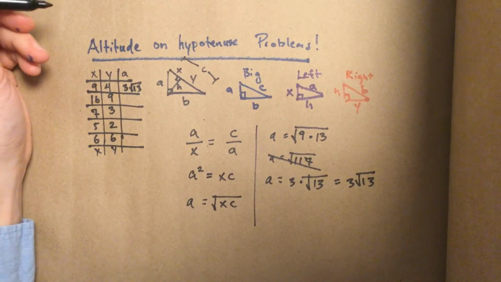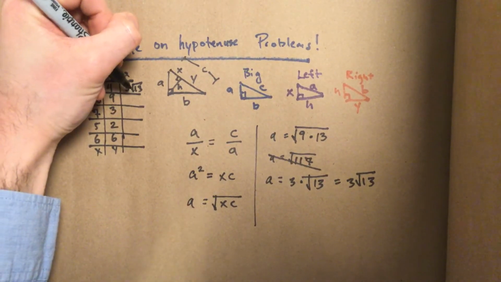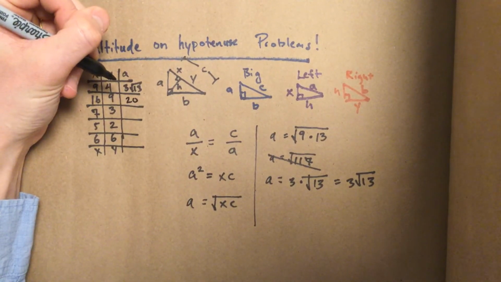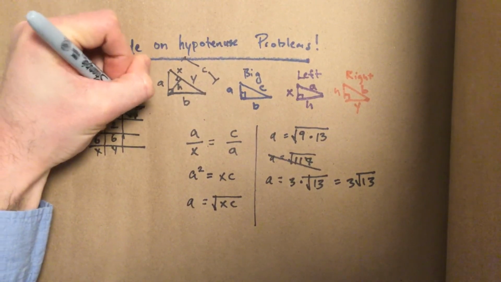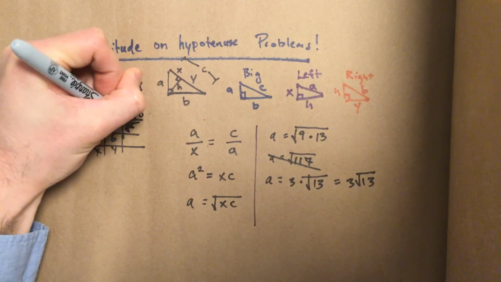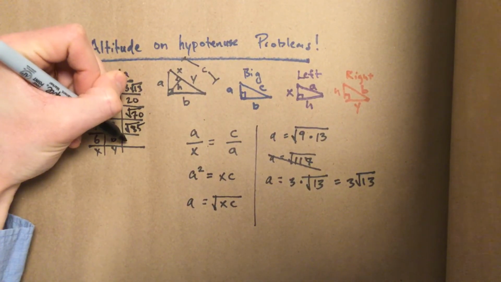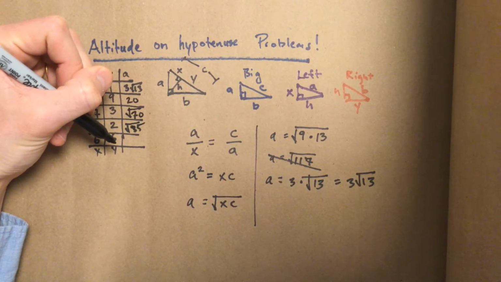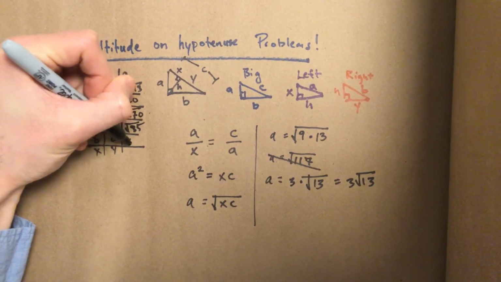My work is not always 100% accurate, as we all know, but I'm hoping that you got the same values as I did. I have 20, let's see, root 70, root 35, root 72, or 36, I'm sorry, 6 root 2.